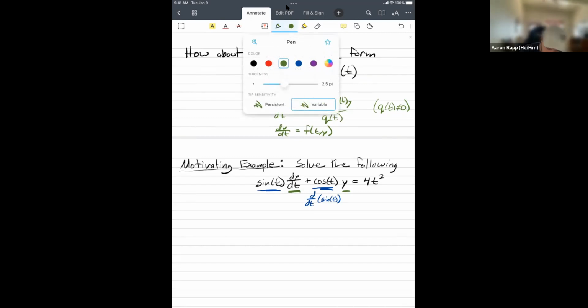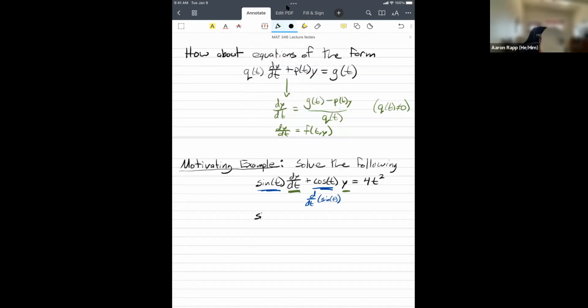So this is sine of t times the derivative of y with respect to t plus y times the derivative of sine. And there's a very important calculus derivative rule that has an outcome that looks like this. Anyone remember what the name of the rule is?